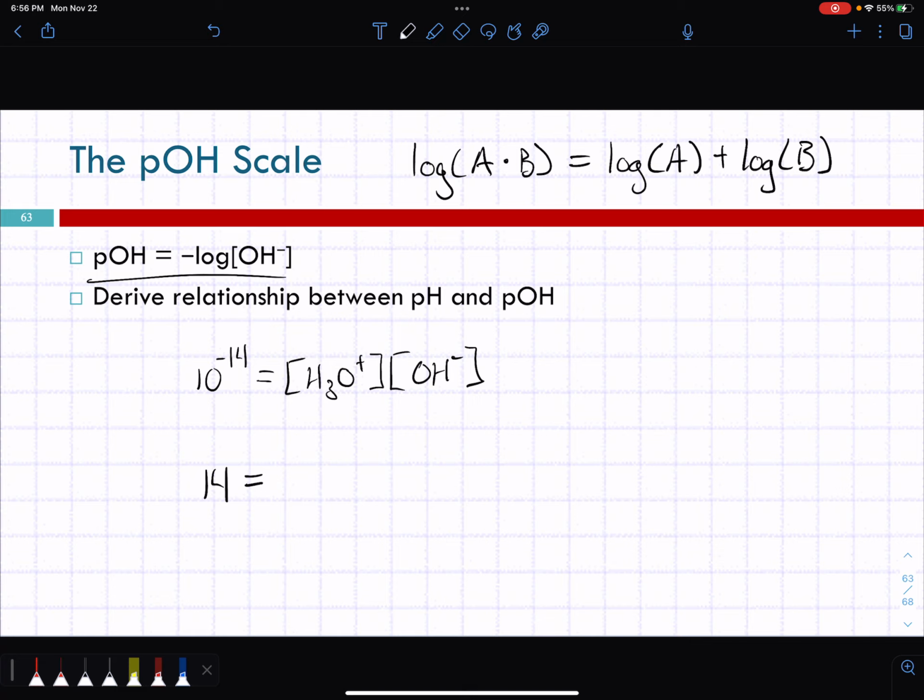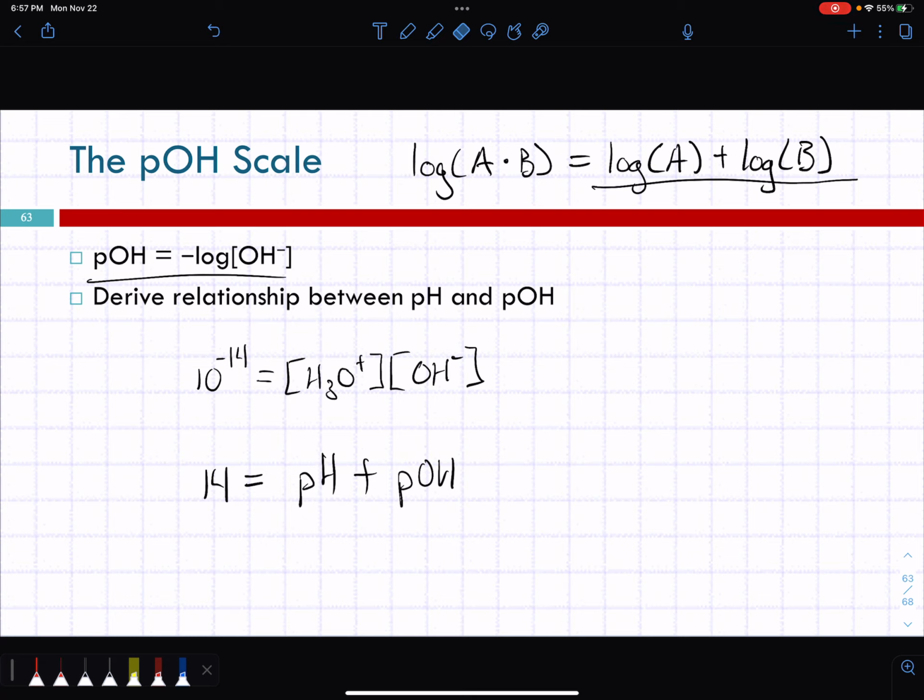The negative log of H3O plus gives us pH, and the negative log of OH minus gives us pOH. Instead of multiplying these together, because of this identity, we add them together. So pH plus pOH always equals 14.